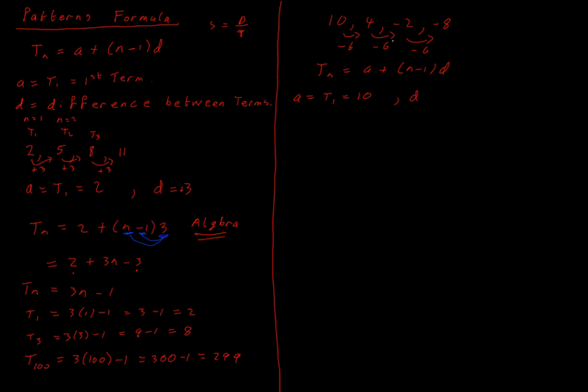And my D is the difference, and it is minus 6. I'm minusing 6 away from each term to get to the next term. So let's put that into our formula. Tn is equal to the first term, 10, plus n minus 1 on, the difference is minus 6.